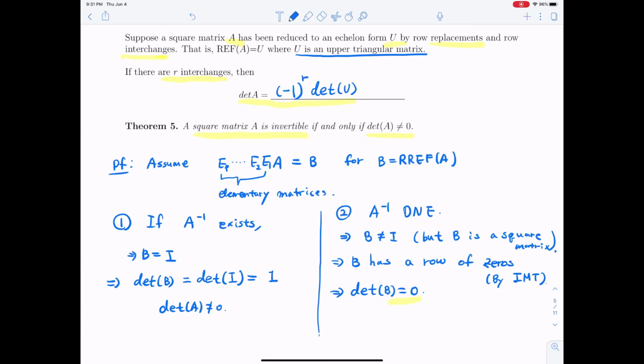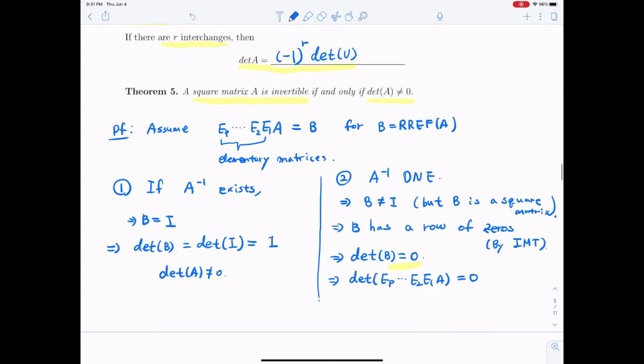So this tells you that the determinant of E_p through E_2, E_1, A equals 0, or in other words, if you separate the multiplication, this gives you the determinant of E_p through the determinant of E_2, the determinant of E_1, times the determinant of A equals 0.